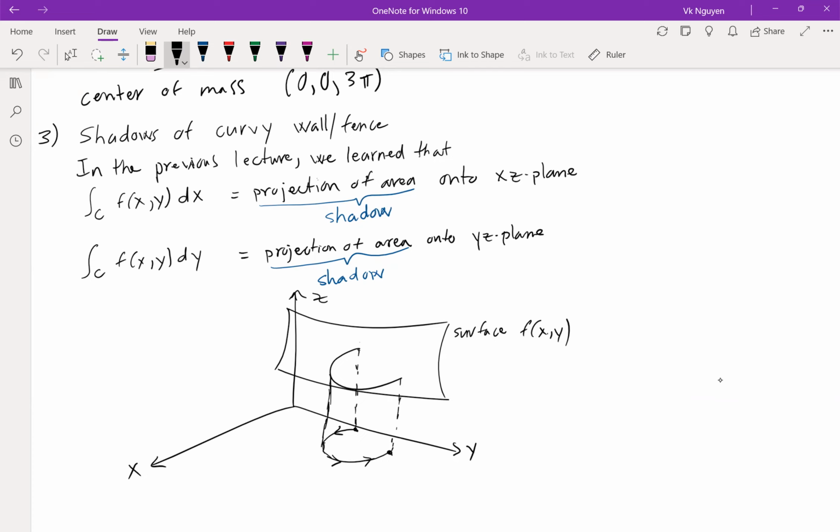So the only way to do integration with respect to x is to push this onto the x-axis. You push it onto the x-axis, right? You're going to get something like this. This thing right here is the integral over the curve C of f(x,y) ds, right? But then this one is the integral over curve C of f(x,y) dx.